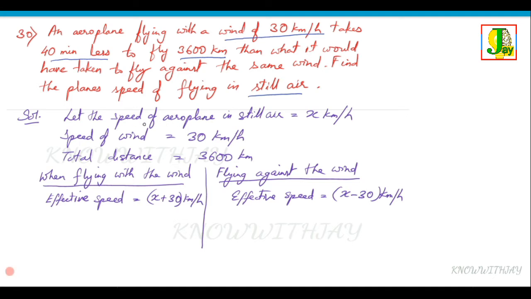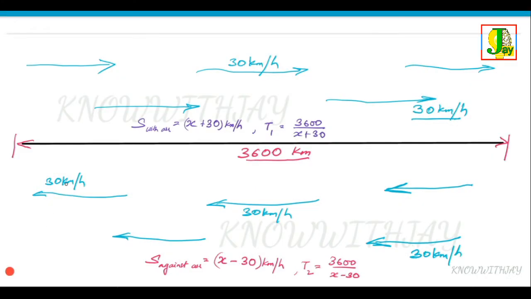So we'll write what is given. Let the speed of the aeroplane in still air be x km per hour, and the speed of the wind is given 30 km per hour, and the total distance covered is given 3600 km. Let us say the wind flows from the left to the right direction with a speed of 30 km per hour.